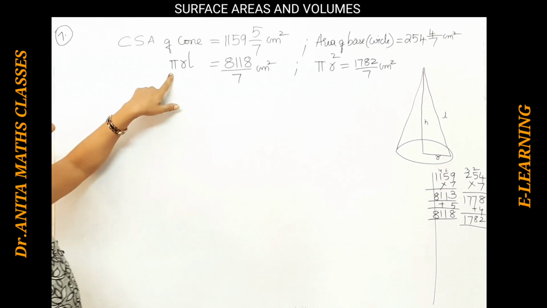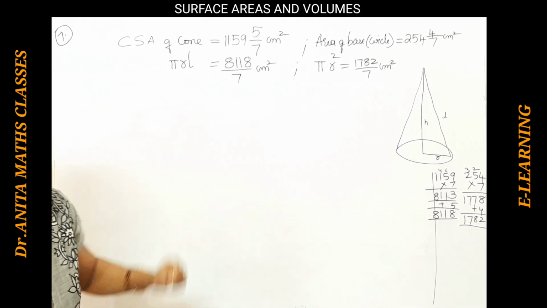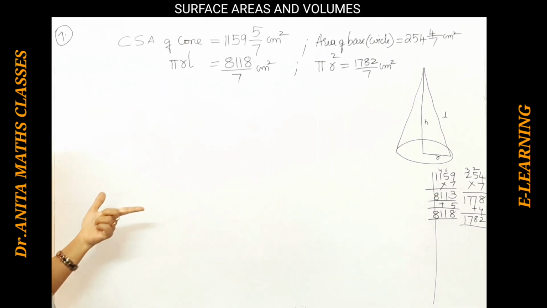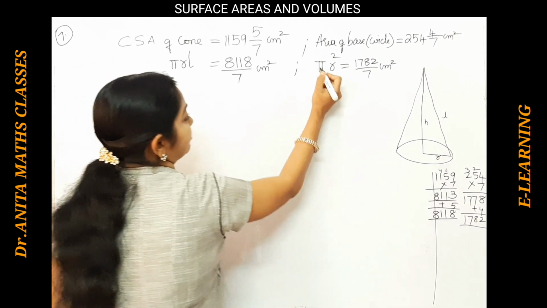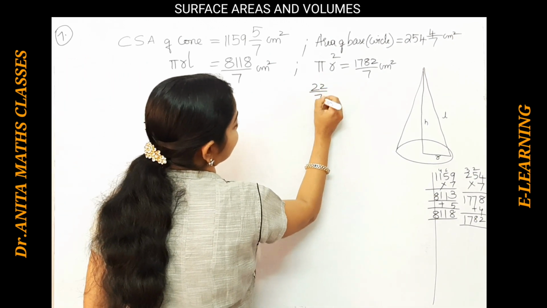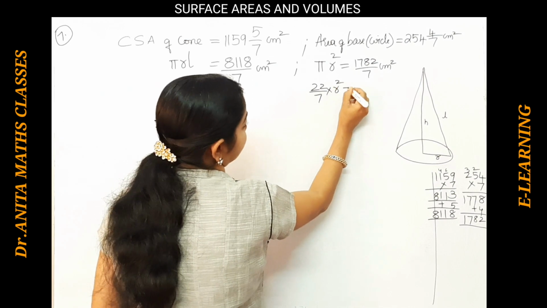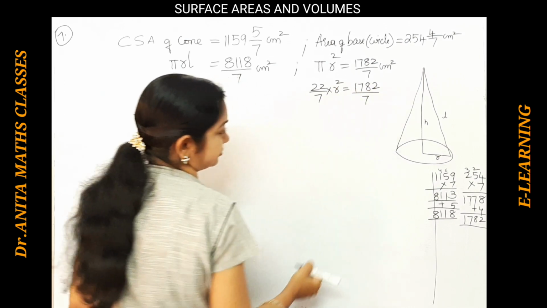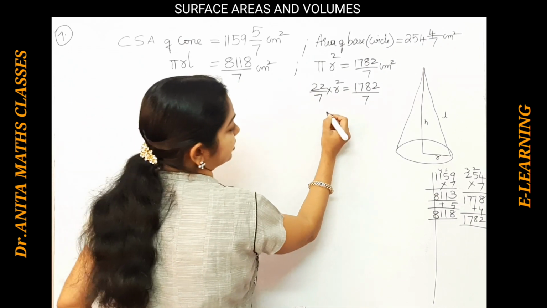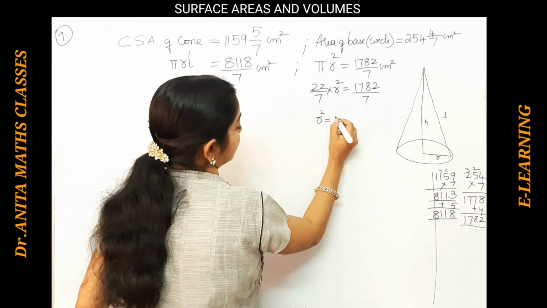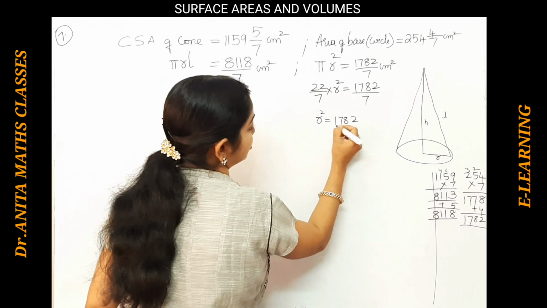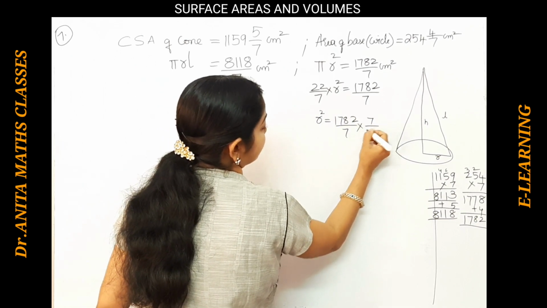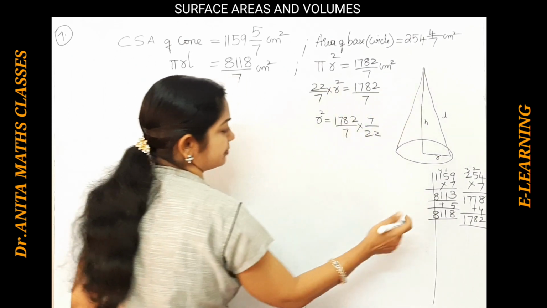Now here pi r l. Now what is the question asked here? We have to find the volume, right? Here from this, let us see, 22 by 7 into r square is equal to 1782 by 7. Yes, and from this you can find r square is equal to 1782 by 7 into 7 by 22. Shift this, it becomes a reciprocal.